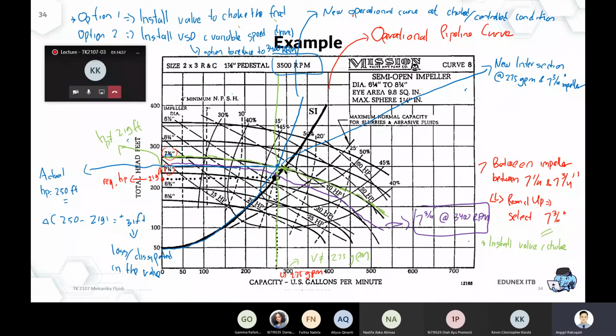So the idea is to find the RPM that matches the head required. Instead of producing 250 feet, now you reduce the speed to directly generate 219 feet as required by the system.